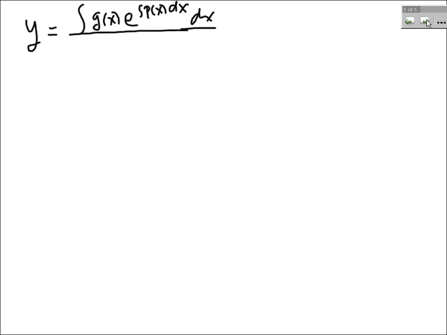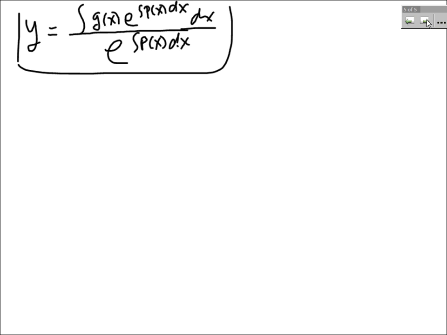Now, remember that this here is the solution to linear equations: the integral of g of x e to the integral of p of x dx, all over e to the integral of p of x dx. That is the solution. Memorize that. It's going to keep coming up every time.